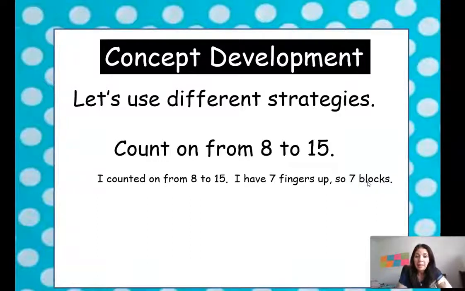Or we could count on from 8 to 15. So remember in our last video, we did the punch it and say the number that you're starting on. So we would do 8, 9, 10, 11, 12, 13, 14, 15, 16, 17.